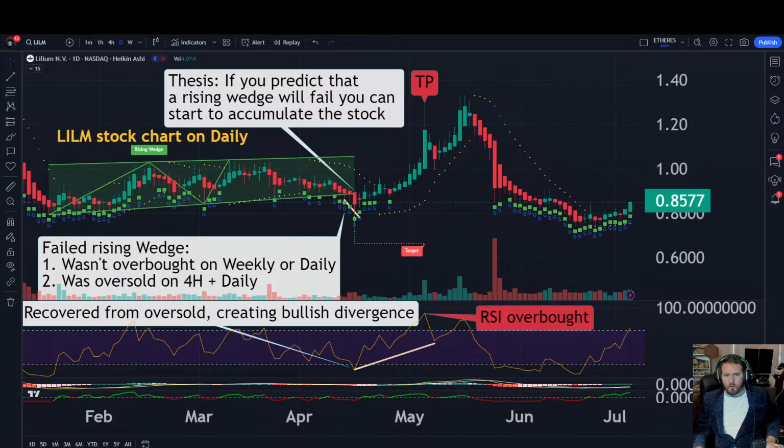All right, I can throw all this on one chart over here for you guys, and we can go from there. But the main thesis is that if you think your rising wedge will fail and not do what it says it's going to do, just accumulate.